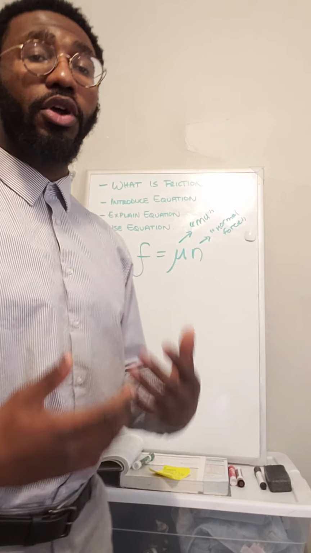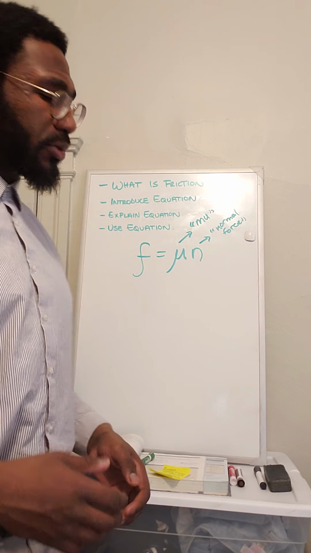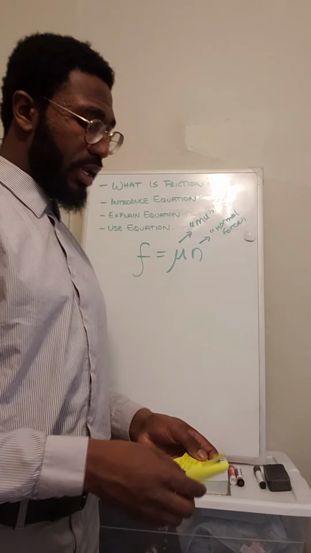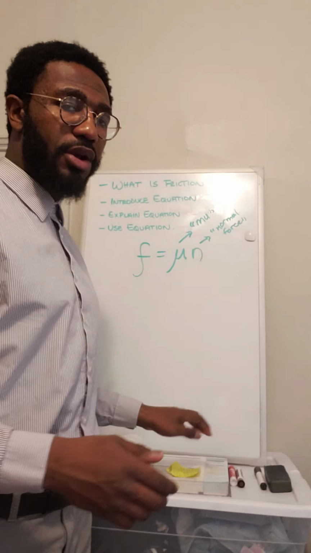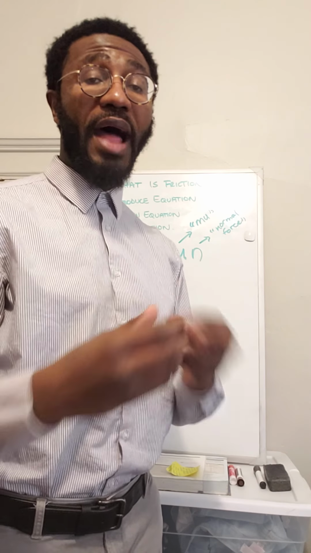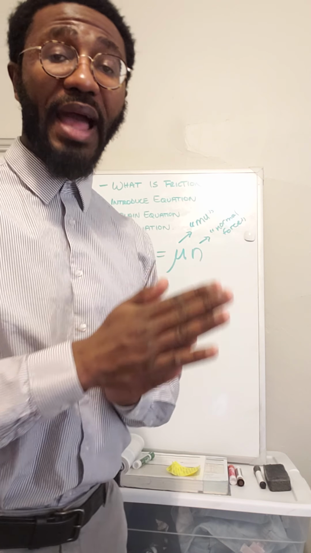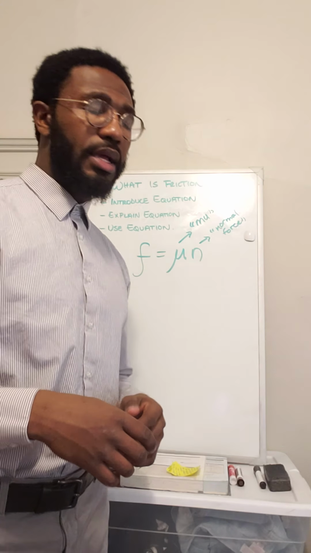Next is mu. Mu is the coefficient of friction. The coefficient of friction is pretty interesting. So it is a lab generated and tested value that describes the quality of two surfaces of two different materials when they're in contact with each other. So I'll say that again.